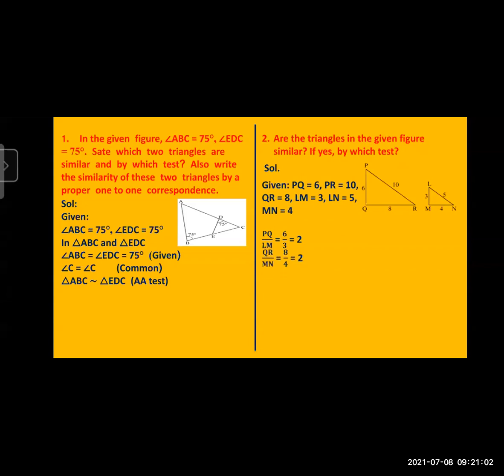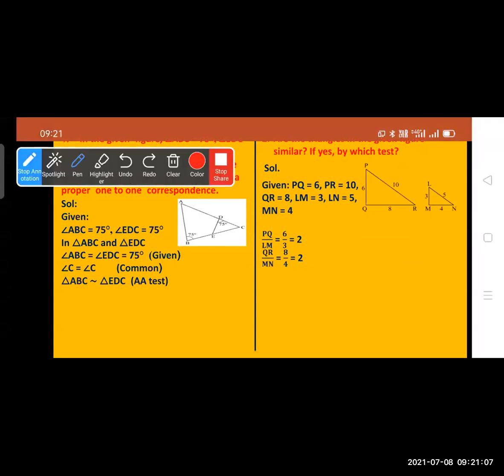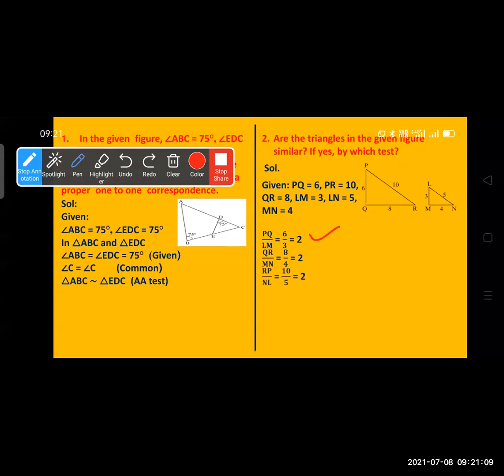We check PQ by LM. So PQ by LM, that is 6 by 3. So we get 2. QR by MN, again 2, right? PR by LN, again 2.